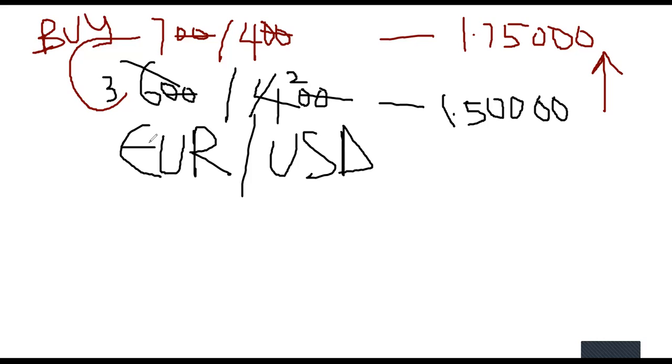Now, if you have EUR/USD, Euro in this case now is reducing. Euro is reduced to 400, or probably it's reduced to 500. That's 500 divided by 400.